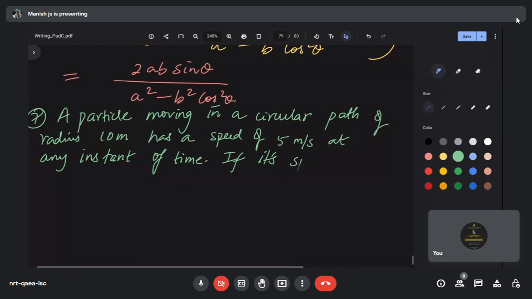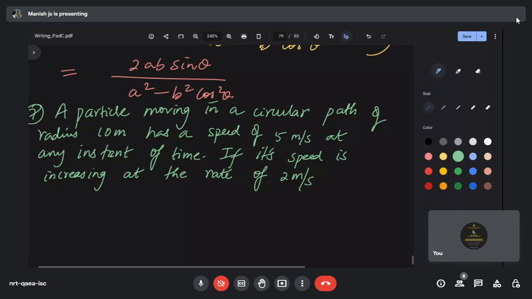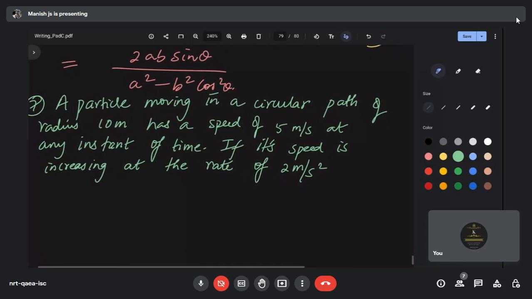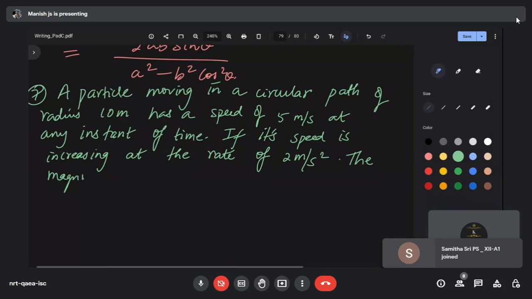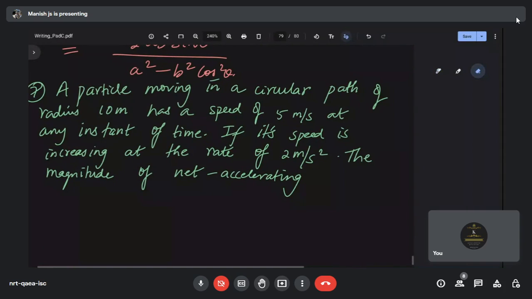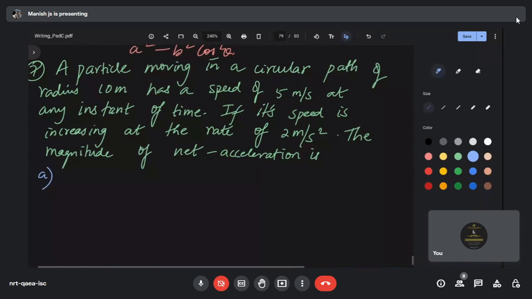If its speed is increasing at the rate of 2 meters per second square, the magnitude of net acceleration is, options.